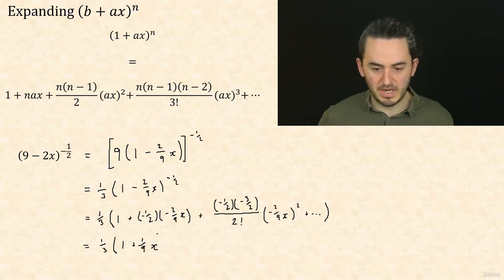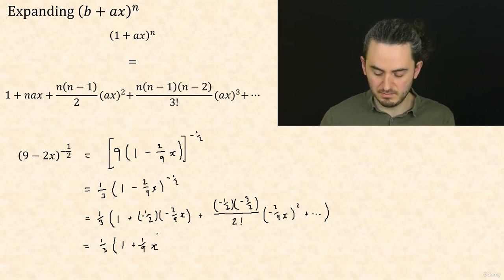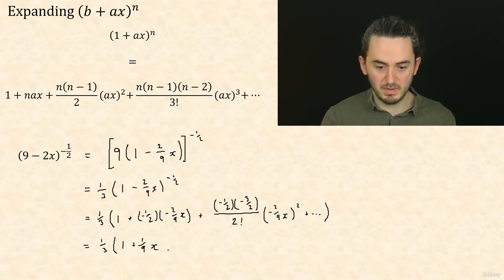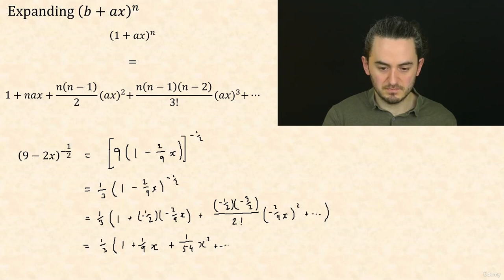And then I'm going to panic at this stage and use my calculator. So minus a half times minus 3/2 divided by 2 multiplied by negative 2/9 all squared is plus 1/54. So 1/54 x squared plus dot dot dot.